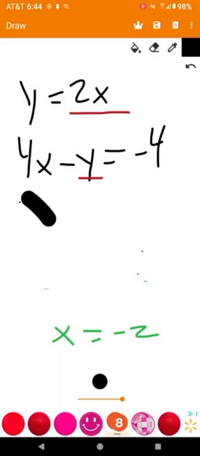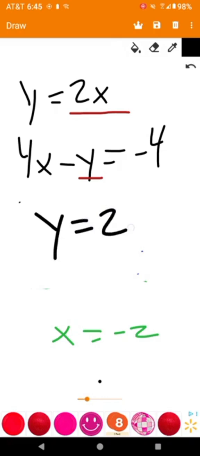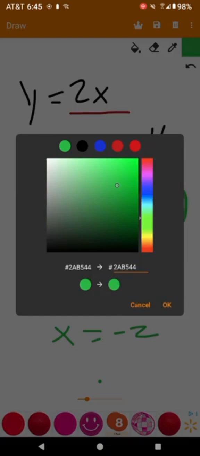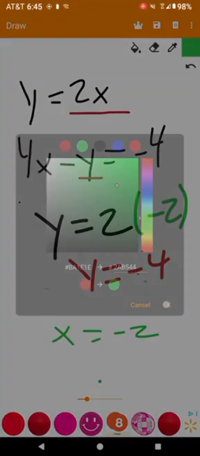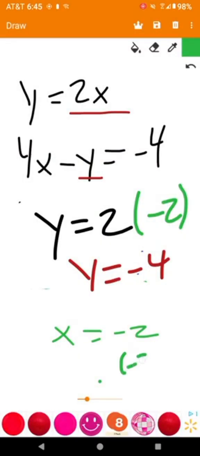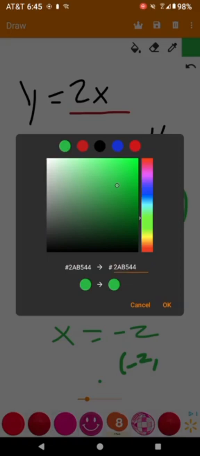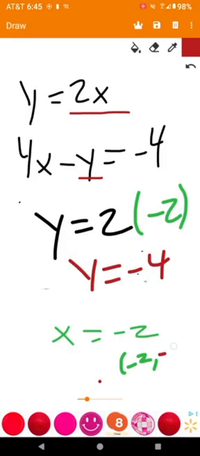So we'll plug in negative 2 into our y equals 2x equation because that's the easiest one. So we'll do 2 times negative 2 because negative 2 is equal to x. And then we get y equals negative 4. So this is my solution. We have x, y. So our solution is going to be negative 2, negative 4. And that's our solution.